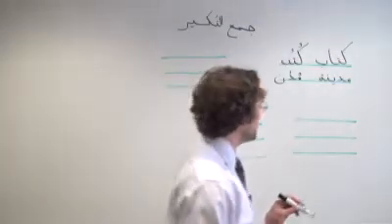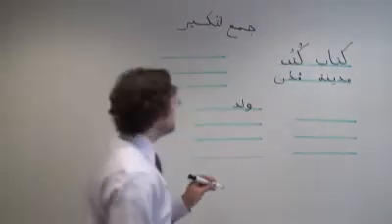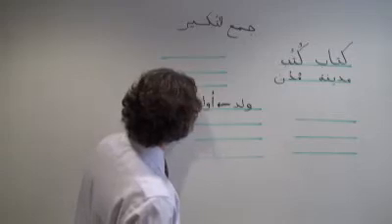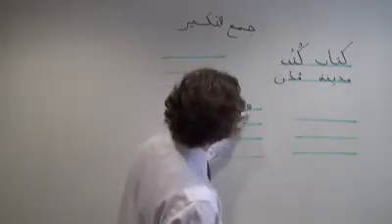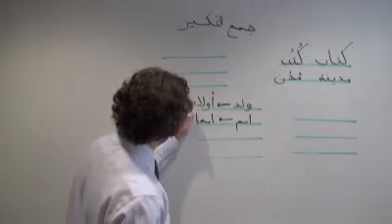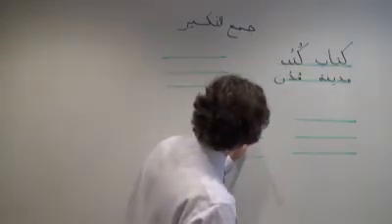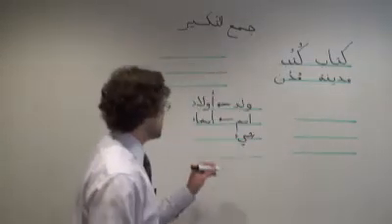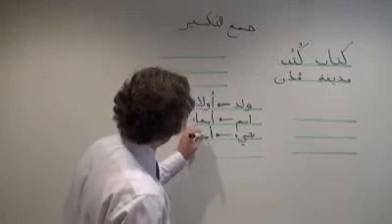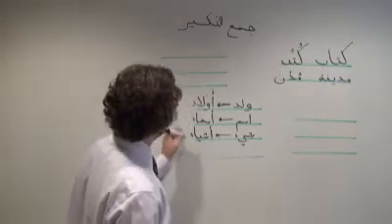Some other examples in a different pattern. Walad turns into أولاد. اسم turns into أسماء. شيء, a thing, turns into أشياء. أولاد, أسماء, أشياء.